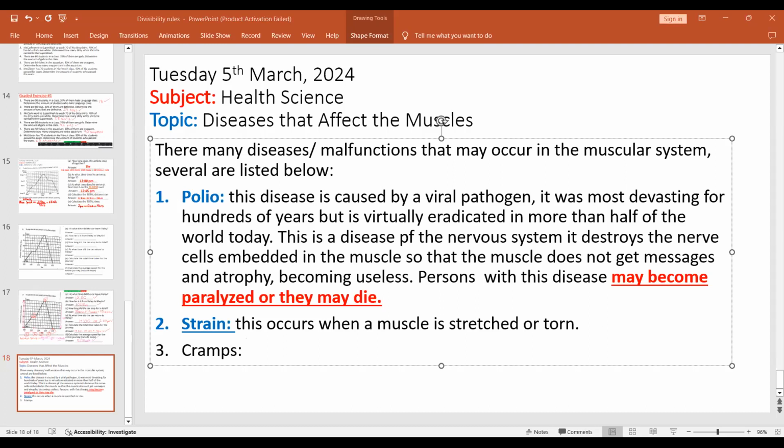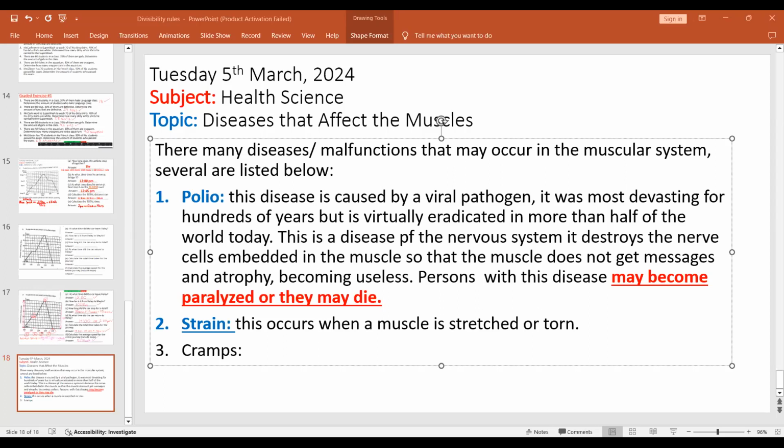Excuse me, Mr. Petit. Go ahead. How are you aware when you get a strain, like when you're stretching? Oh yeah, it's easy because you can feel it. It's going to hurt.